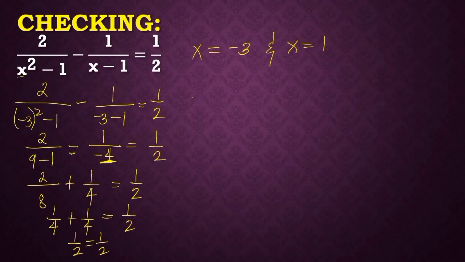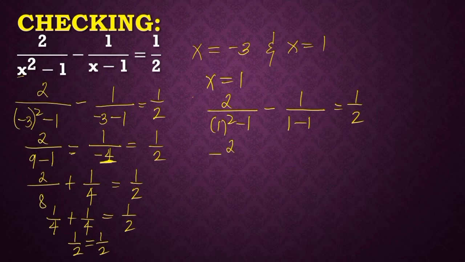So, what about x equals 1? So, maaaring x equals 1 ang extraneous. Okay. So, 2 all over 1 squared minus 1 minus 1 all over 1 minus 1 equals 1/2. Next, 2 over 1 squared, that is 1, minus 1 minus 1 all over 1 minus 1 equals 1/2.